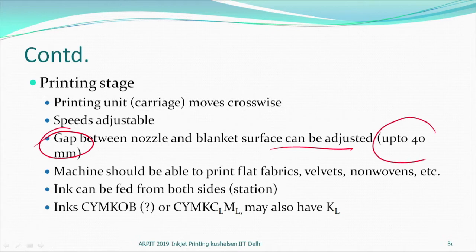Some machines would give up to 40 mm, which is quite large, but the larger the distance, the shape of the drop can change, and the impact will be different.